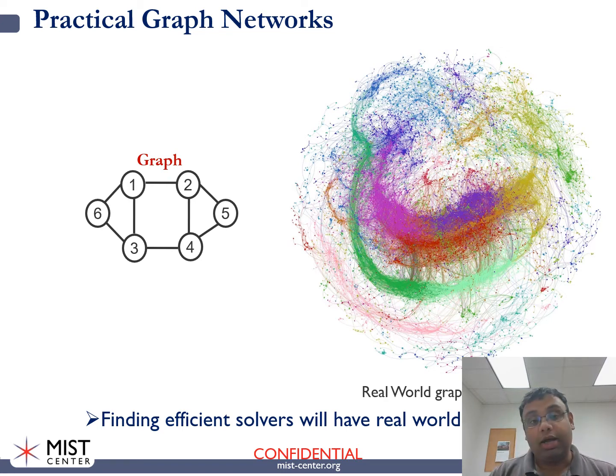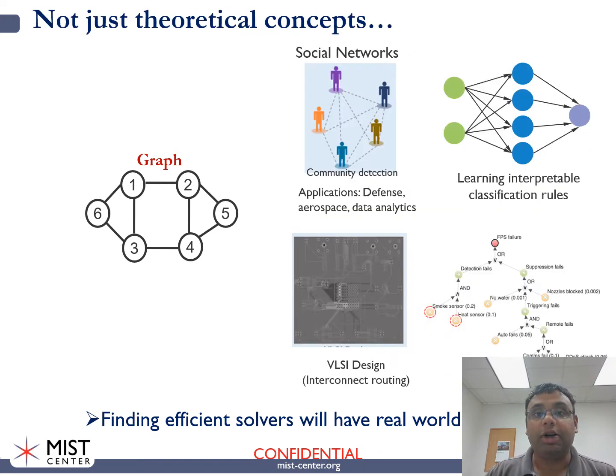Now, of course, in these two slides we have only focused on the theoretical concepts of graphs, but it turns out that all of these concepts find extensive practical applications, ranging from social networks, community detection for defense, or VLSI design, where interconnect routing is performed as a combinatorial optimization problem, or training neural networks with interpretable classification rules.